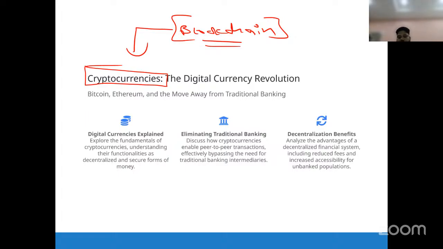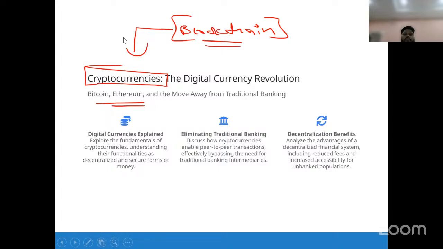Cryptocurrencies like Bitcoin and Ethereum are digital money. That means they don't have any form, size, or shape, like your rupee or a dollar. It's not like that.